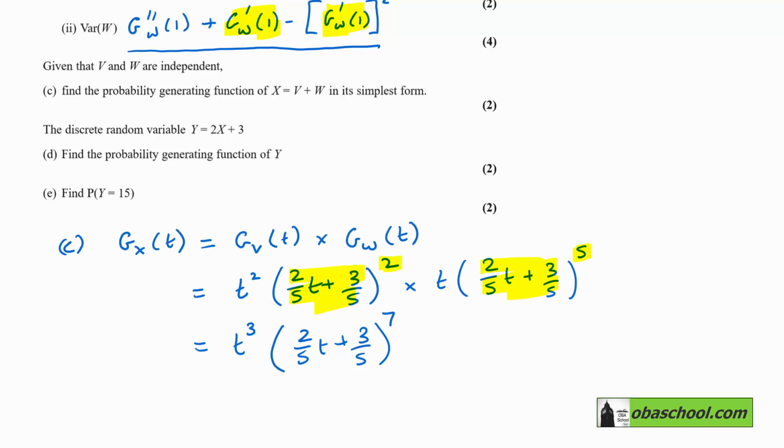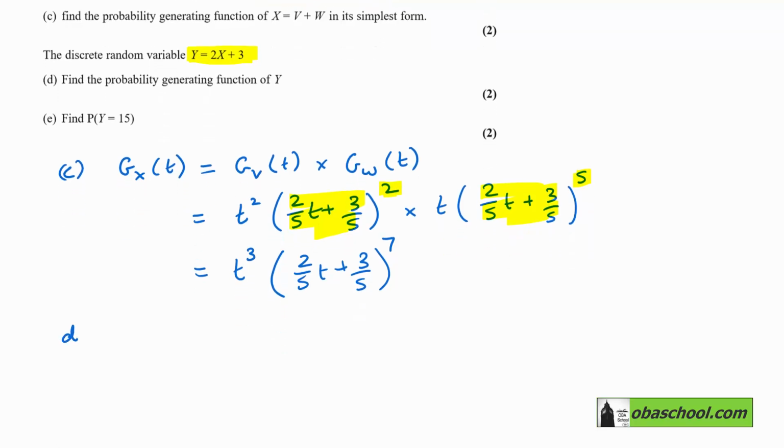We're now given that y is 2x plus 3, and we want to find the probability generating function of y. Now, one of the things that we should know is that if y is equal to ax plus b, the probability generating function of y is t to the power b, and then we have the probability generating function of x, but in here we have t to the a.